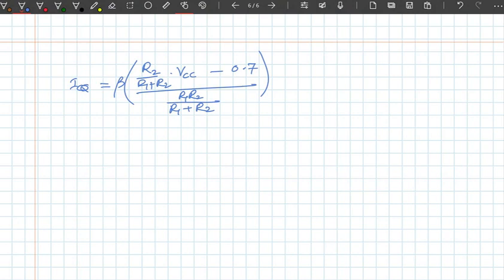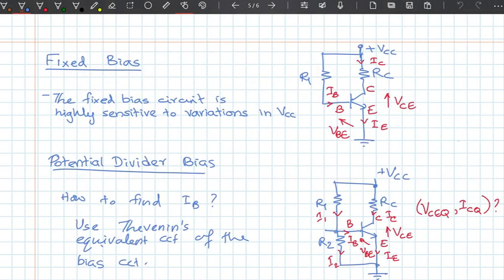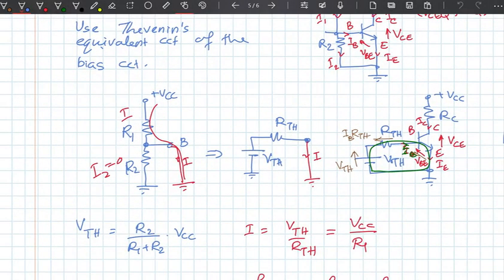So now the next thing that we need to find is the quiescent VCE. To find that, we need to apply the Kirchhoff's voltage law to the output loop, that is this loop over here.